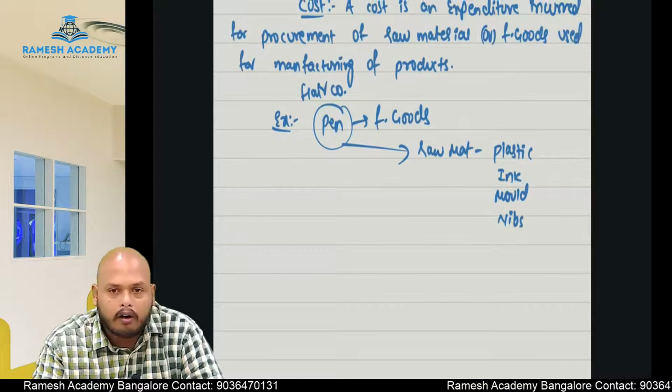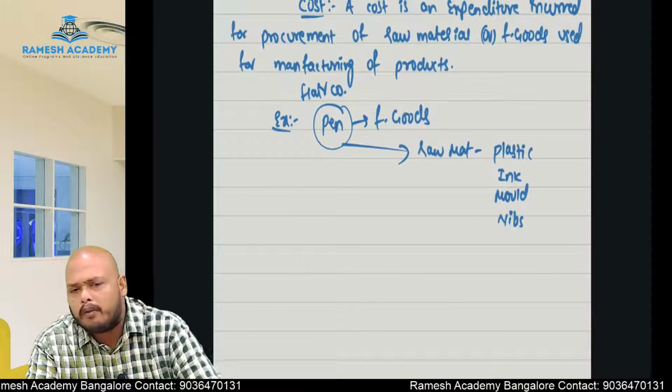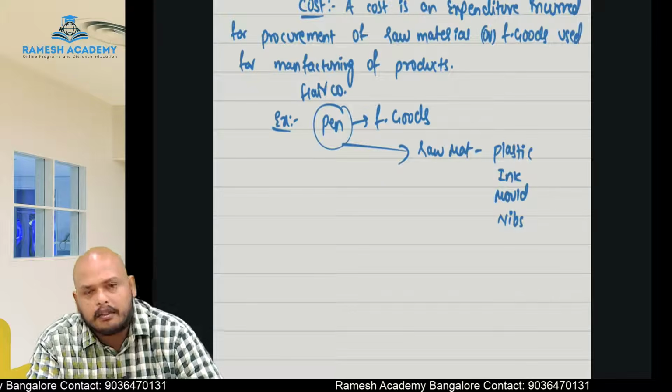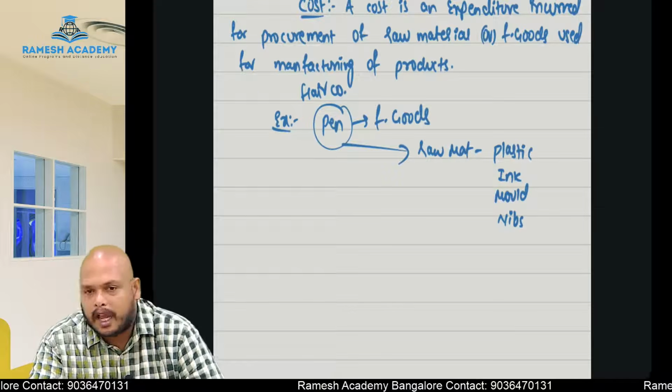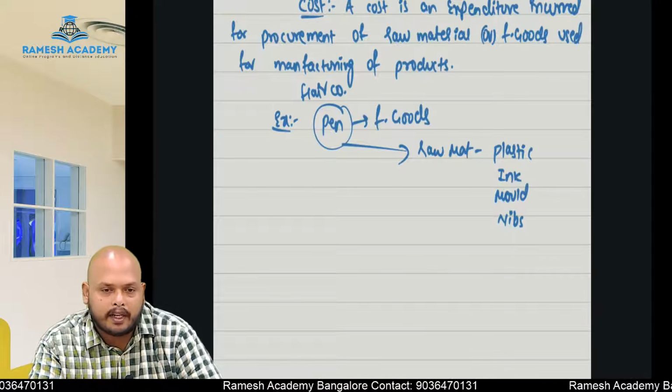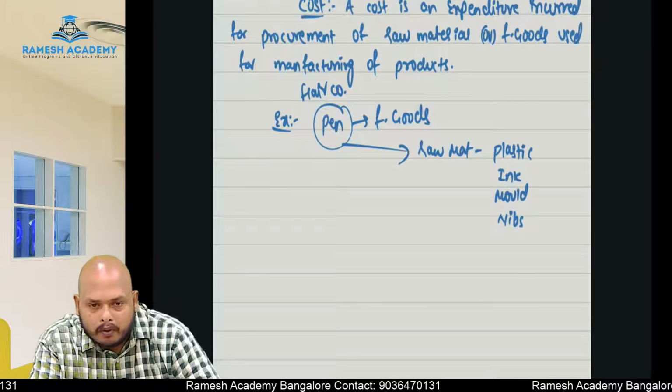Here I wrote "or finished goods". So what do you mean by finished goods, sir? Why are we using finished goods for manufacturing of products? In a few situations it happens that to manufacture one finished product, we may procure finished goods also.